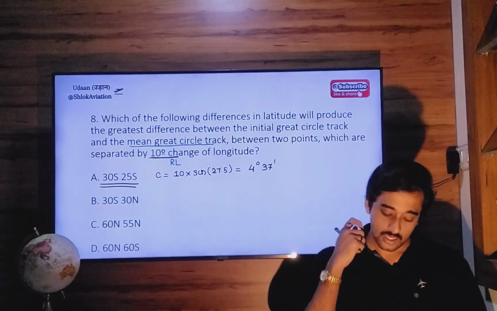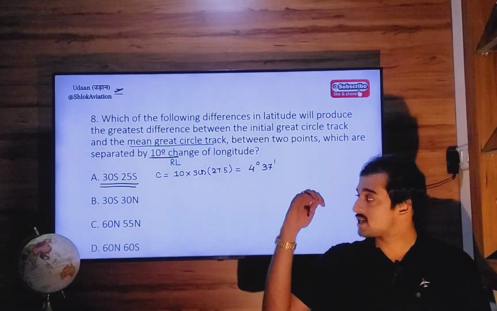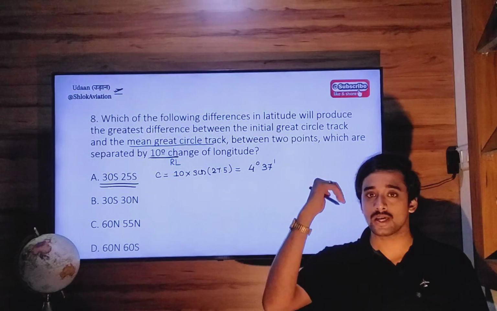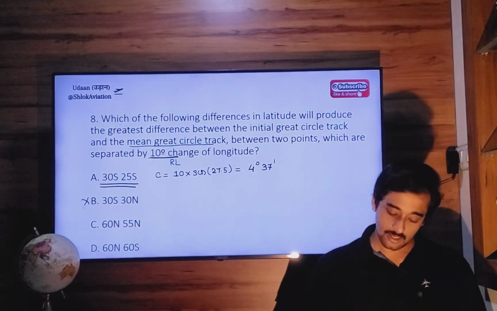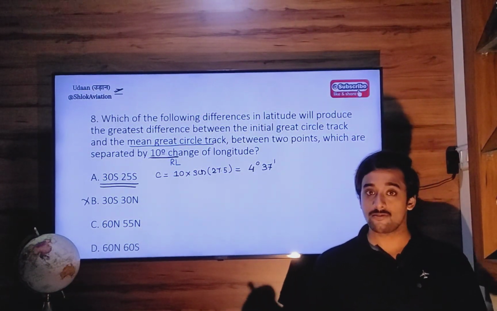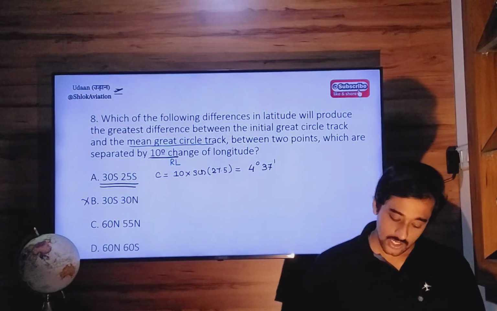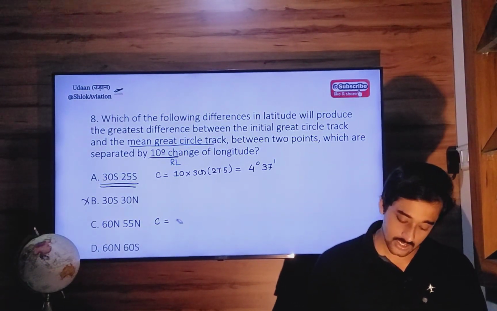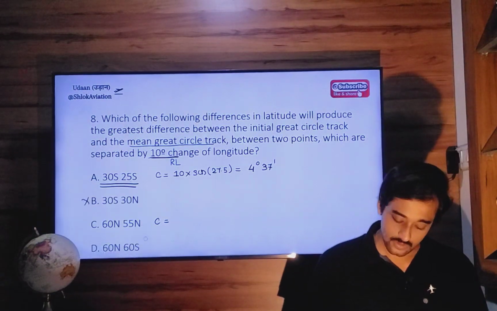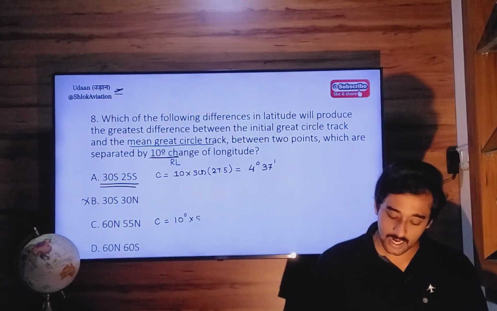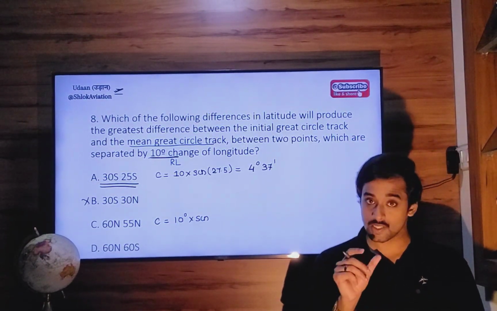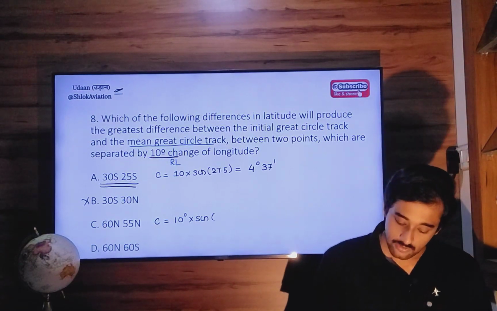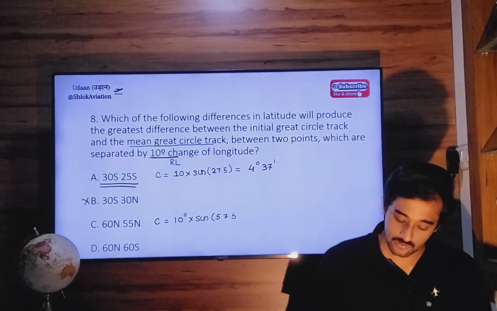Option Bravo, 30 south and 30 north. So one is in the south hemisphere, another is in the north hemisphere. So we eliminate this. Charlie, 60 north and 55 north, right? So convergency will be d long, which is 10 degrees, into sine of latitude. So the mean of 60 and 55 is 57.5.